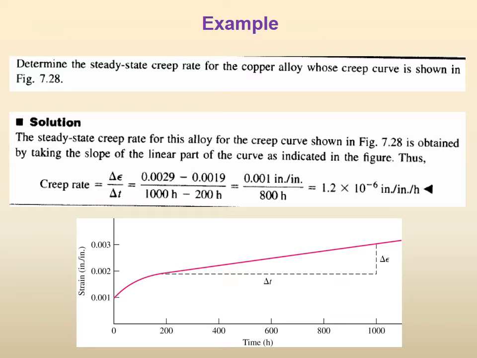If you want to do these experimentally, it is very complicated. The testing equipment is very costly, the accuracy level and everything is important, and therefore, you need to do it very carefully.